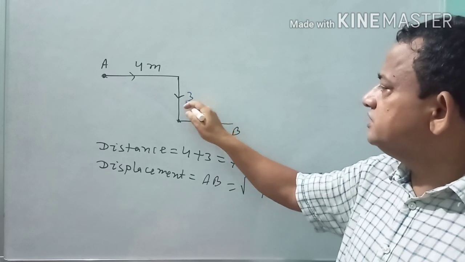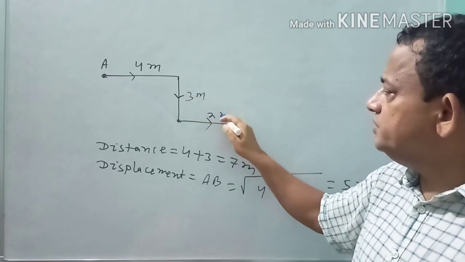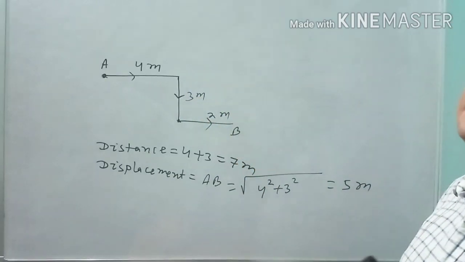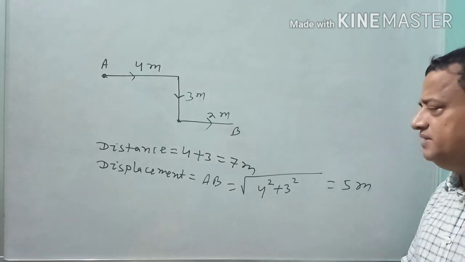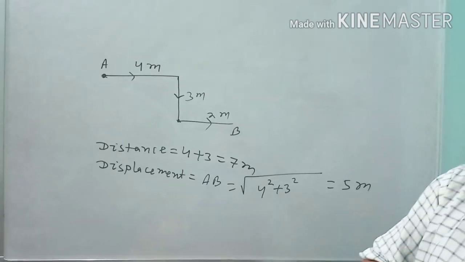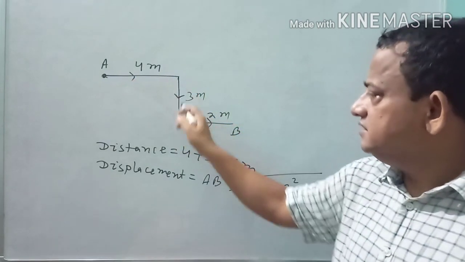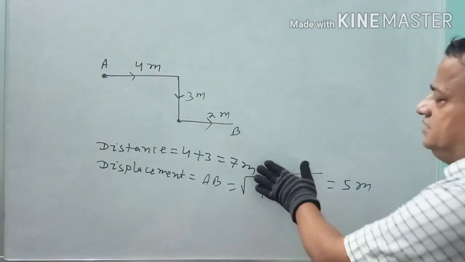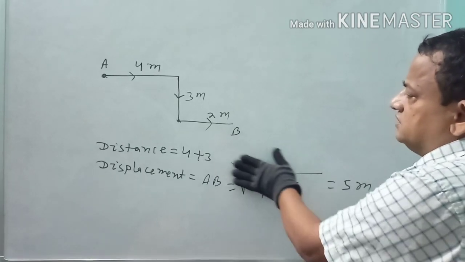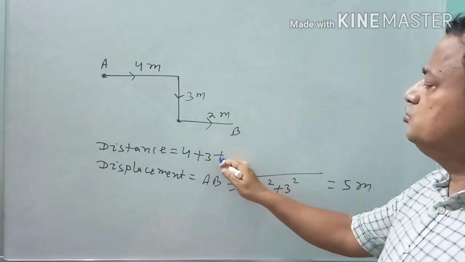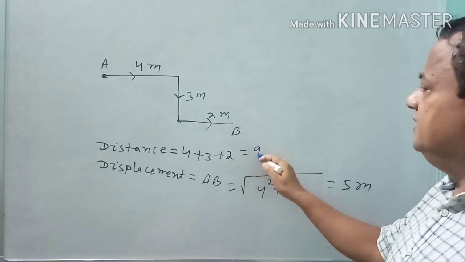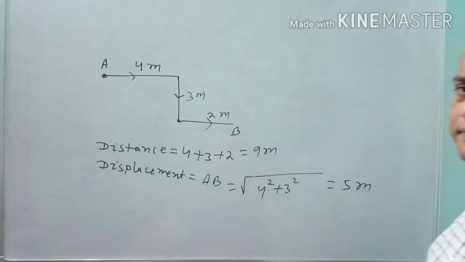So this is suppose 3 meter, this is suppose 2 meter. Here what is distance and what is displacement? Distance is simple, the addition. Simply you add this. So this is 4 plus 3 plus 2, that is 9 meter.